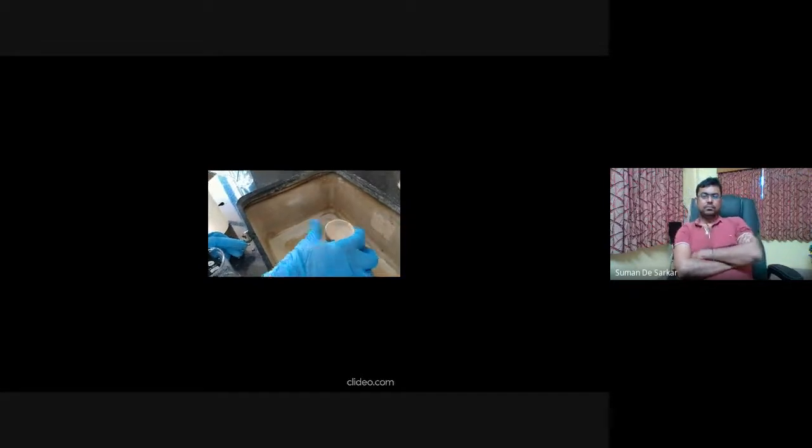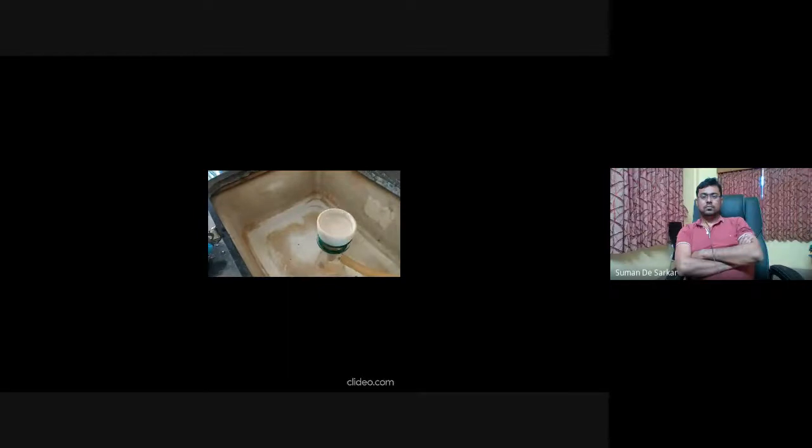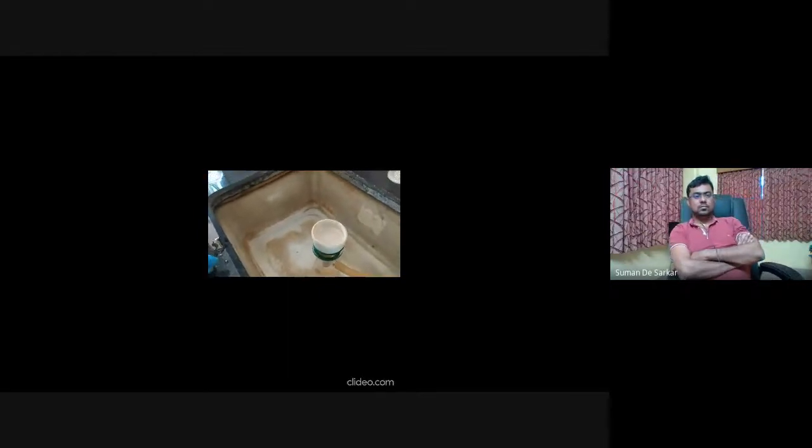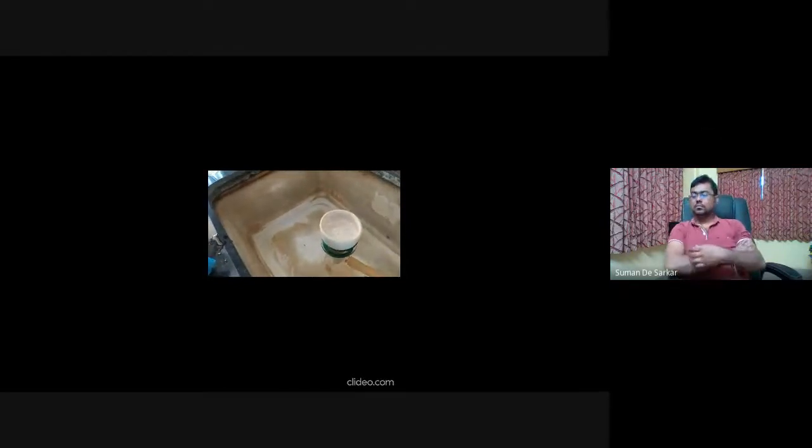And we will analyze this solid. It's like a scale-like solid. We will analyze with different spectroscopic techniques and thin layer chromatography.